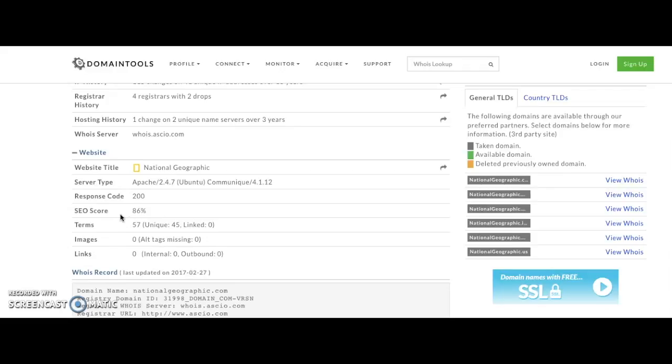This is determined by their domain authority, which is also determined by how old the site is and their authoritative links back, so what other sites are linking to them. This is pretty critical to think about, because it shows that this information, if we type this into a search engine, would be very likely to pop up.